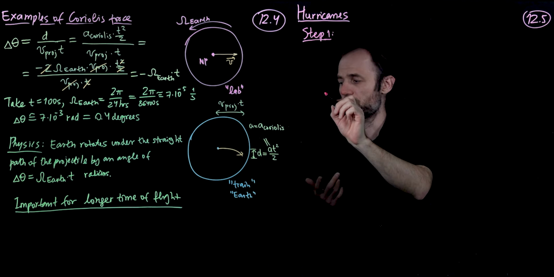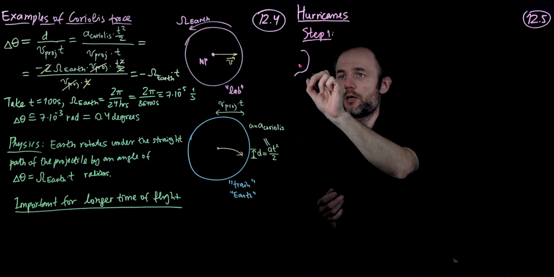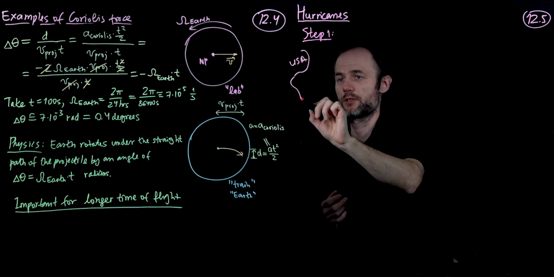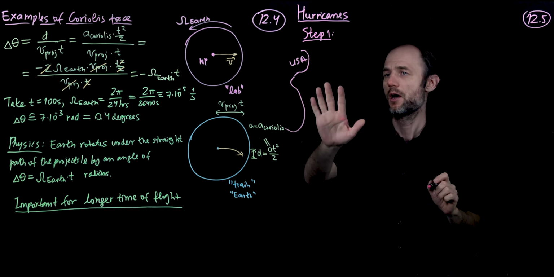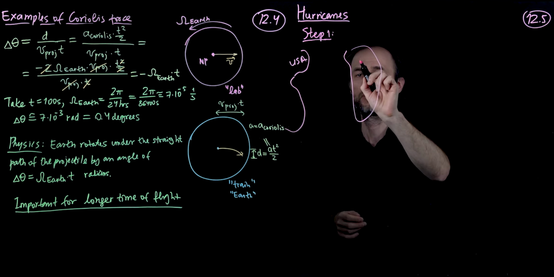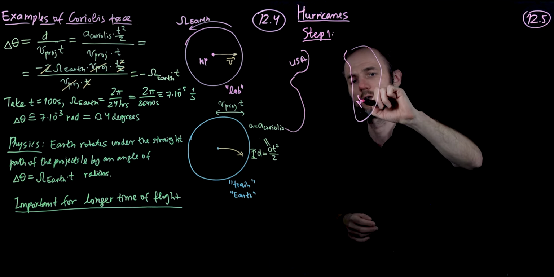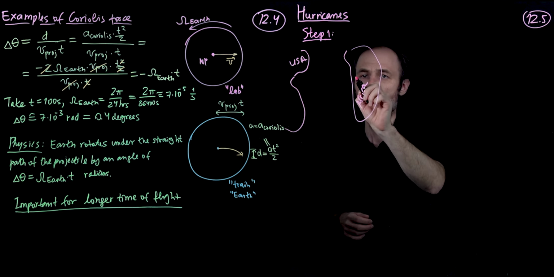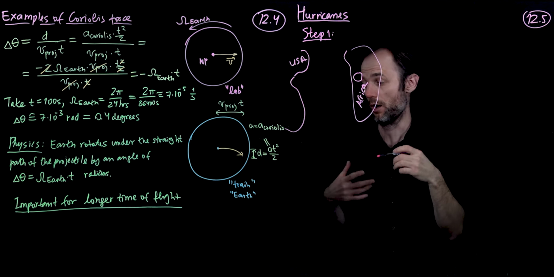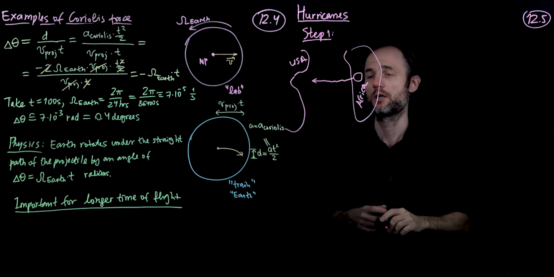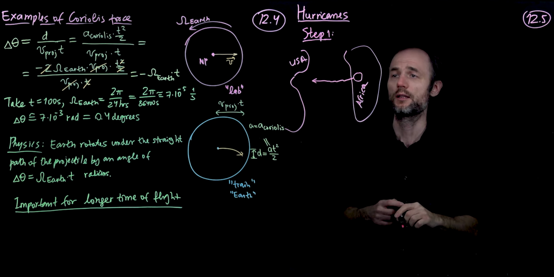I will schematically draw the US. Then there is South America, so that's kind of the coastline. Then there is Africa somewhere here. And the hurricanes start in Africa, then they cross the Atlantic, and then they approach the US.